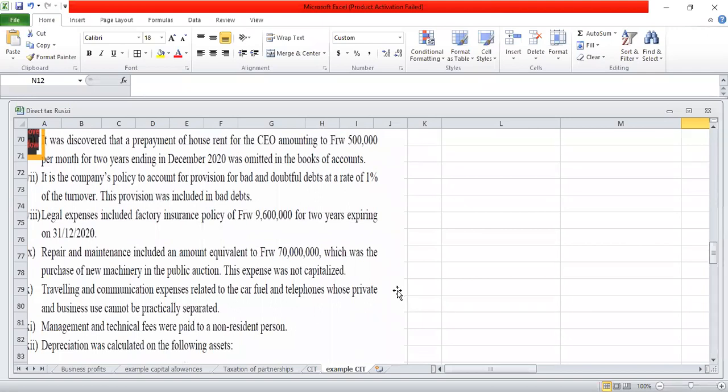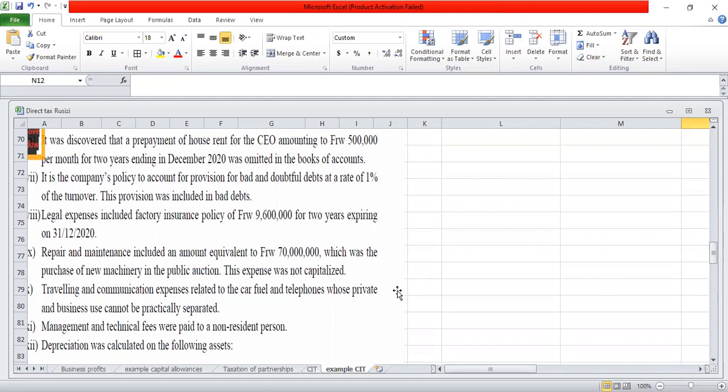So here you can assume two things. You can assume that the donation is for charity and you calculate 1%.